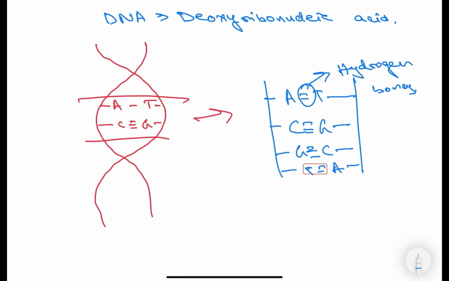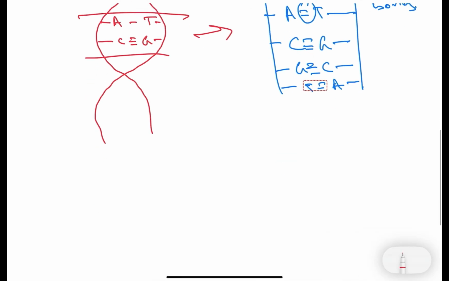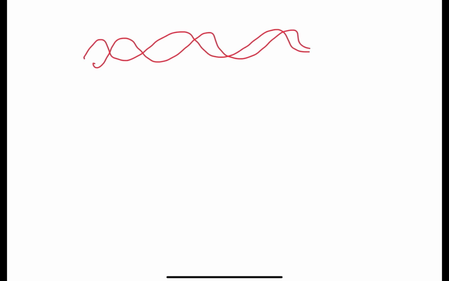So now let's discuss what is a gene. Suppose if we consider a DNA strand like this, and if we take a small part, a segment of the DNA, this segment is called gene. So from an entire DNA, if we take a segment, it's called gene.